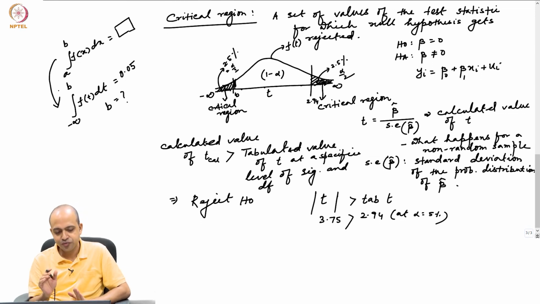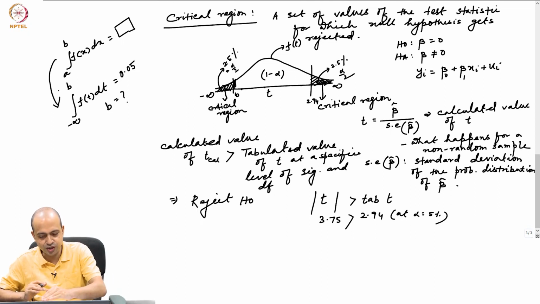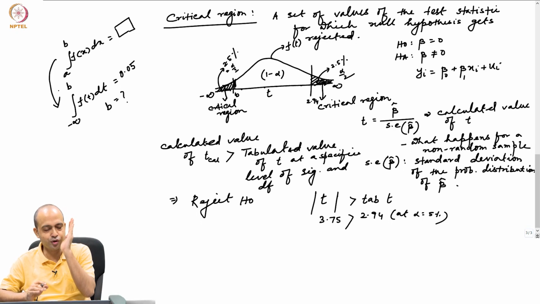This is the idea of how the statisticians have prepared the table, and the decision making rule says that your calculated value of t, which is defined by beta hat divided by standard error of beta hat, you have to compare with the tabulated value, and immediately you will see whether that is greater than the tabulated one or not.